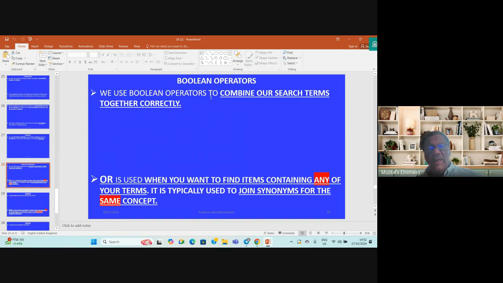The Boolean operators, we use Boolean operators to combine our search terms together correctly. We have to combine the key terms or the search terms correctly. OR is used when you want to find items containing any of your terms. It is typically used to join synonyms for the same concept.